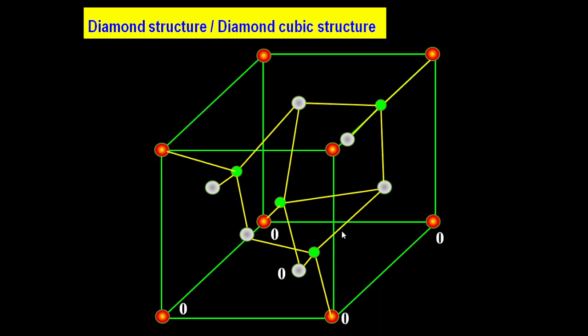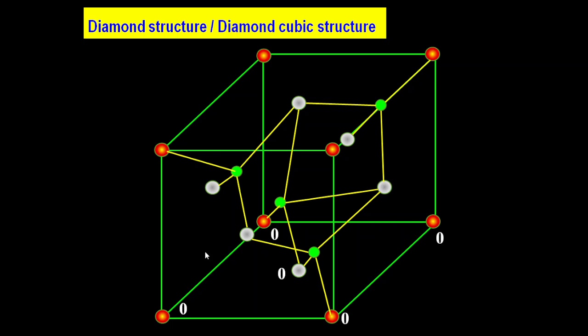Now, above this bottom layer, exactly at half of the height. Suppose I am considering the height from this bottom layer to the top layer. Okay, this is the top layer and this is the bottom layer. So suppose the exact height is 1.